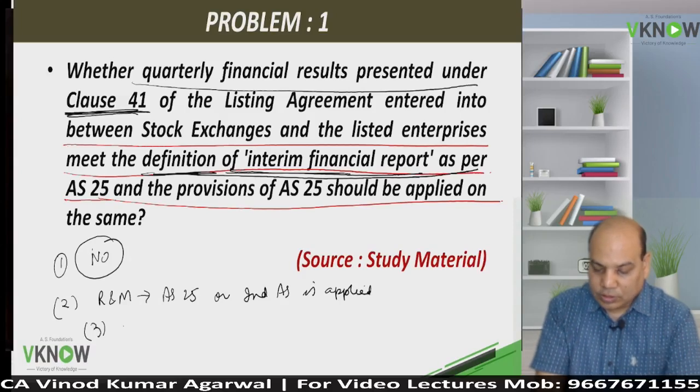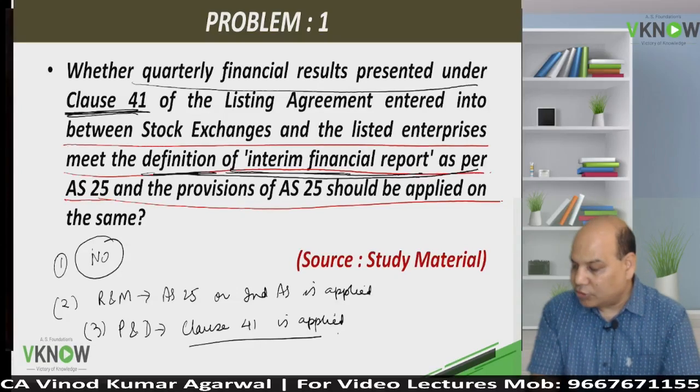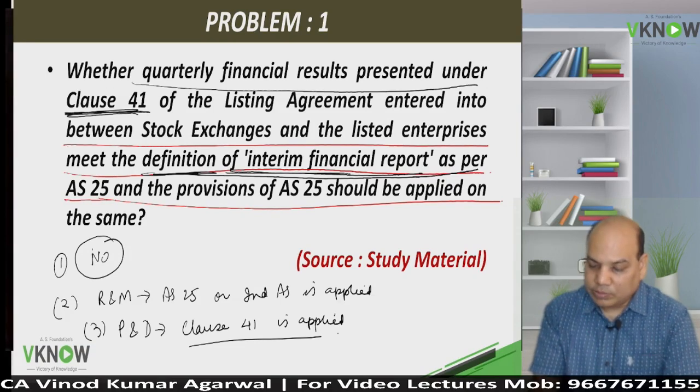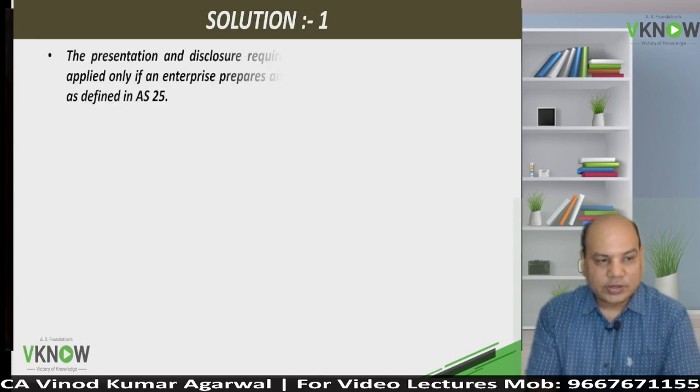But for presentation and disclosure, clause 41 is applied. But now because you are a listed company, you have to follow Ind AS rather than accounting standards. So the answer is like this.